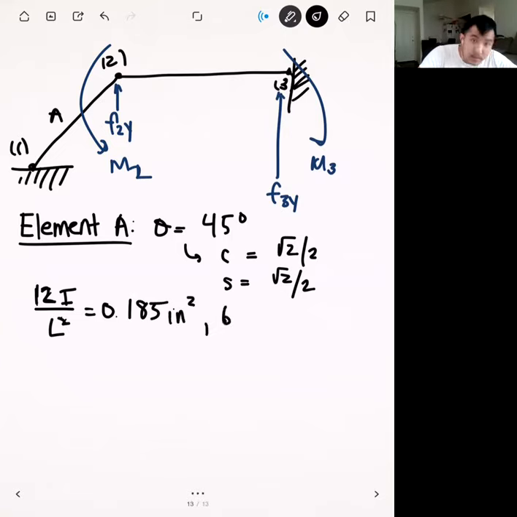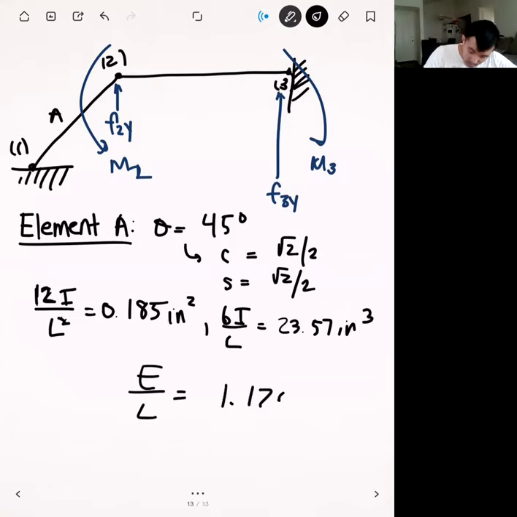Then we have 6I/L, and this is equal to 23.57 inches cubed. And then we have E/L, which is the number in front. This could be 1.179 E5 pounds per inch. Okay. And so if we plug all these into our expression, we get the following.